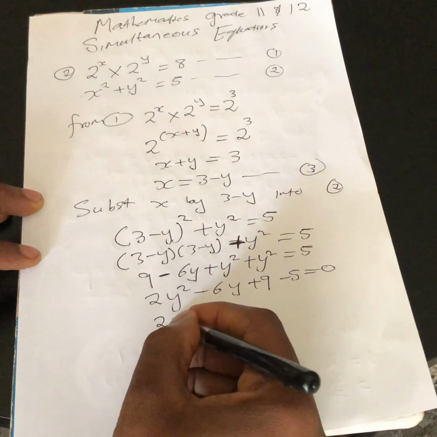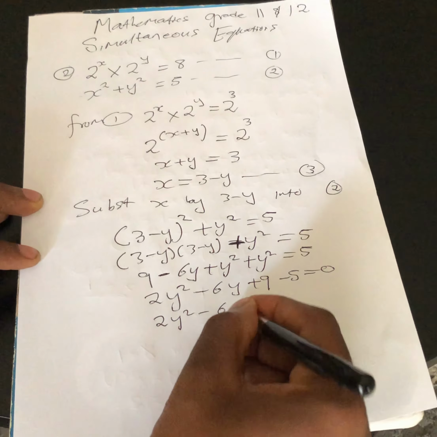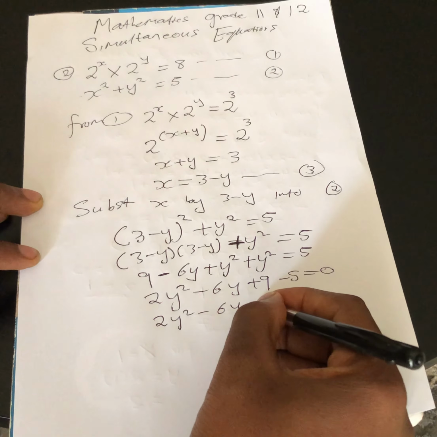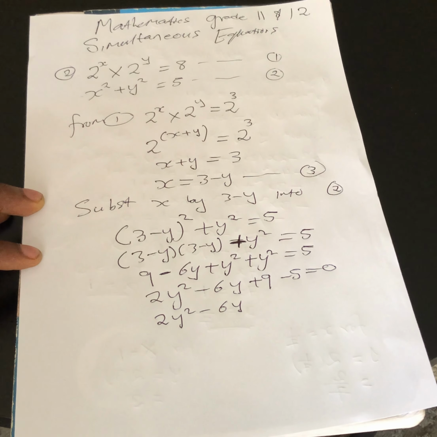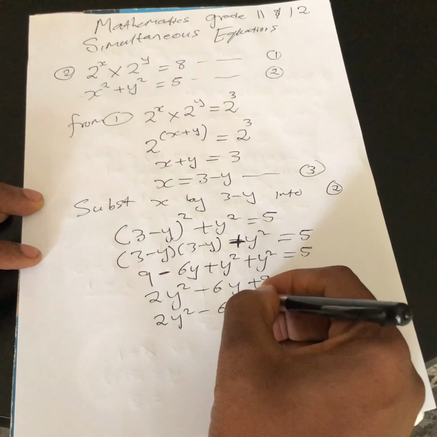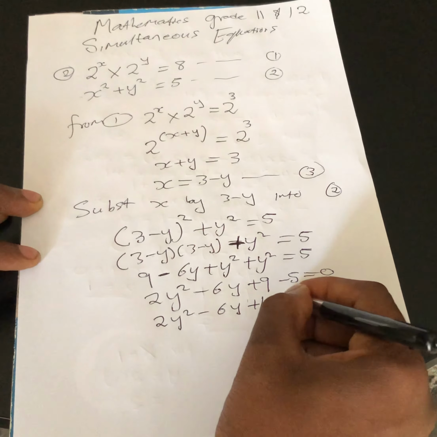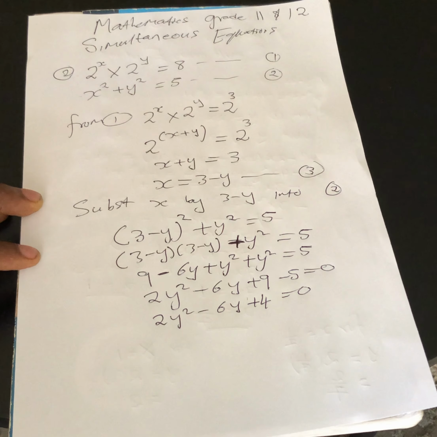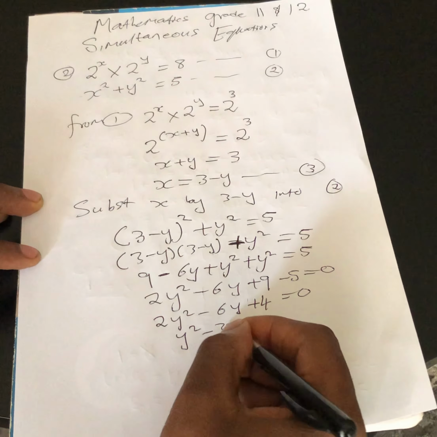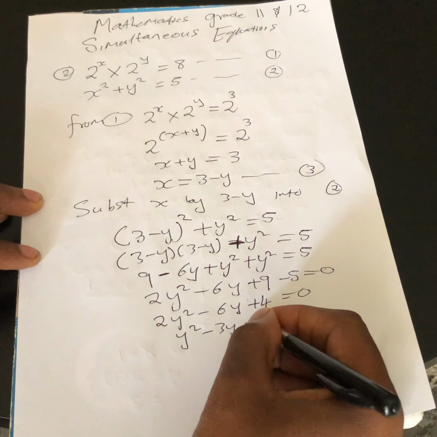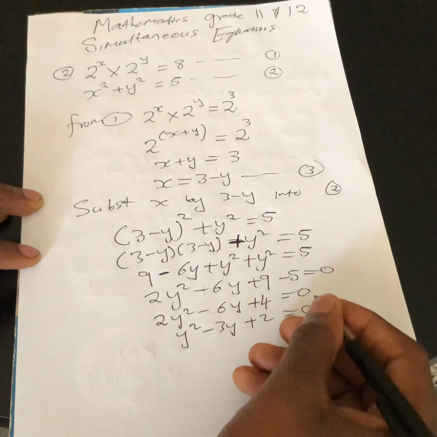The answer is plus 4. So 2y squared minus 6y plus 4 is equal to 0. Then you divide everything by 2. So y squared minus 3y plus 2 is equal to 0.